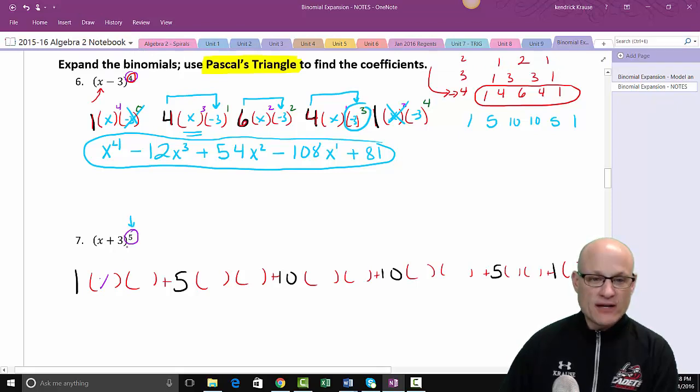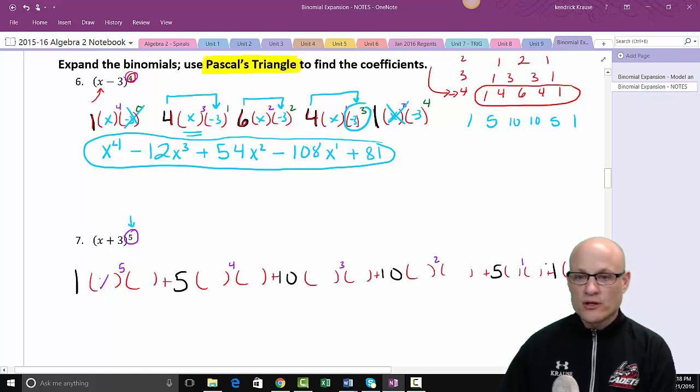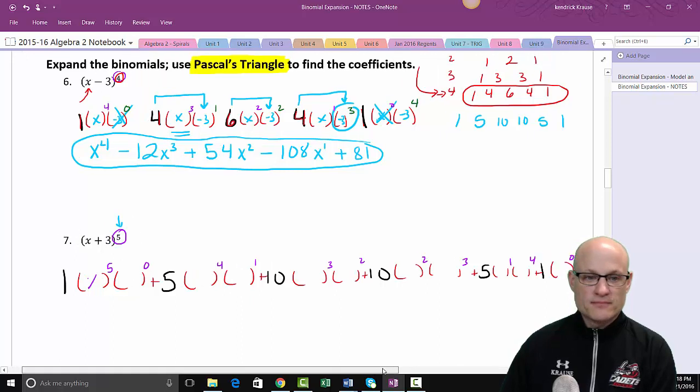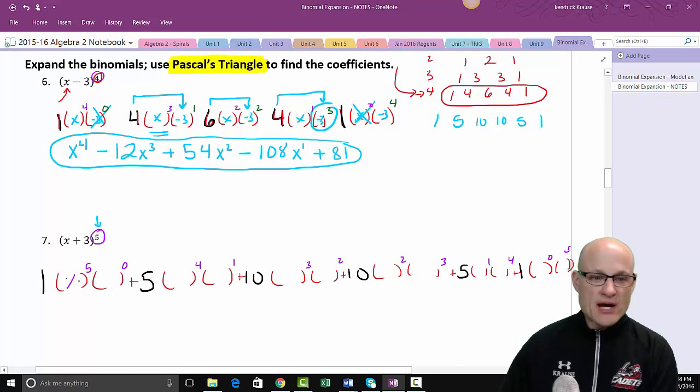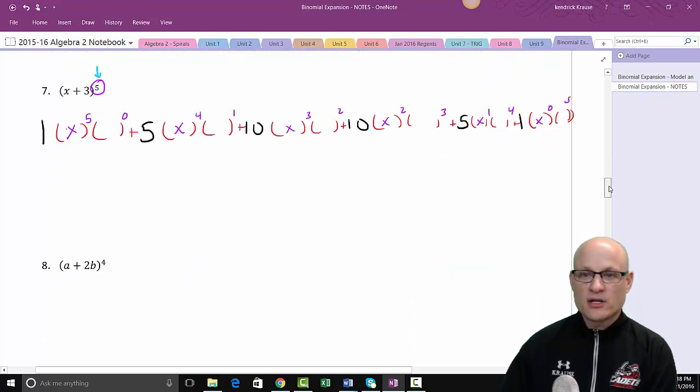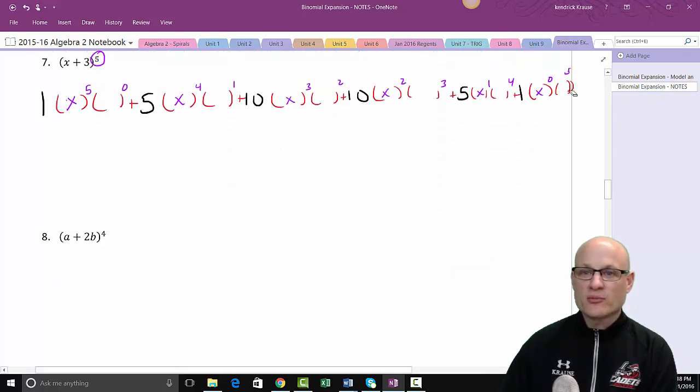So, we're going to start at 5. 5, 4, 3, 2, 1, 0. Start at 0, 0, 1, 2, 3, 4, and 5. Now I'll go through and put the x's in. x, x, x, x, x, and x. And this should look better here anyway.